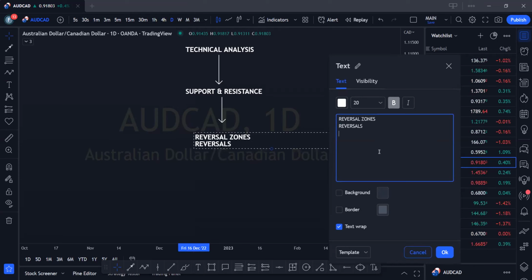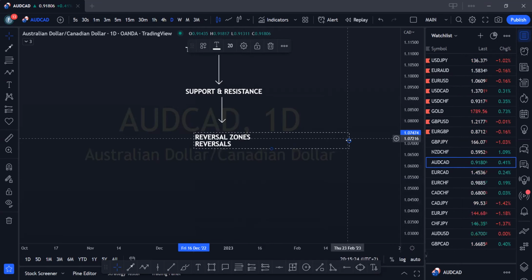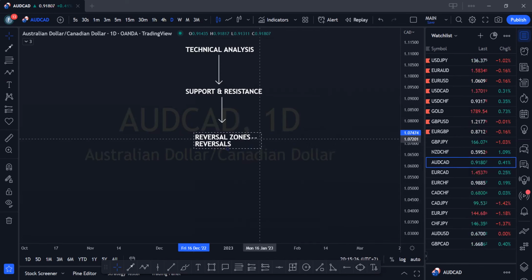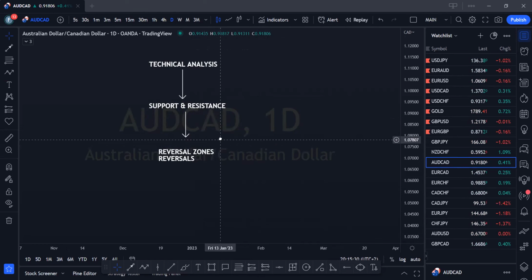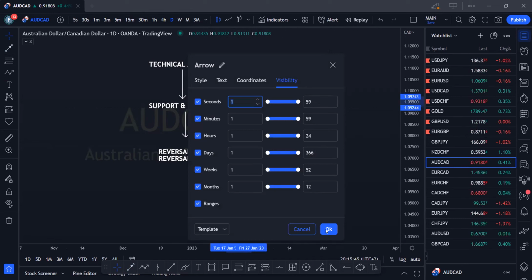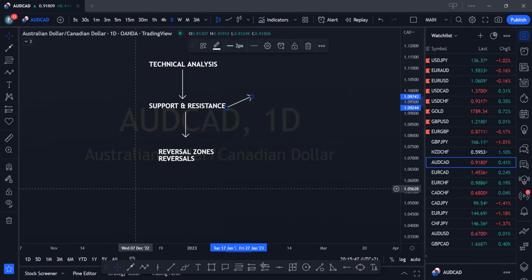Okay, yes, so reversal zones and reversals. So, areas of reversal, where we see reversals in the market. Support and resistance zones are simply using historical data to predict the future. So what are we using?